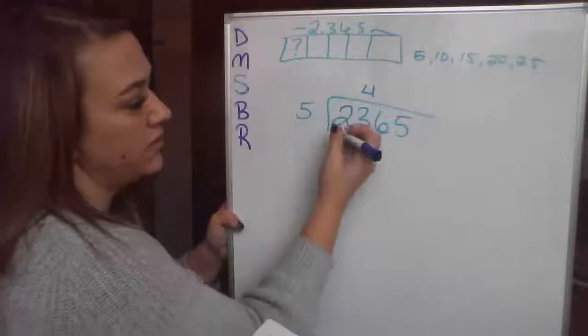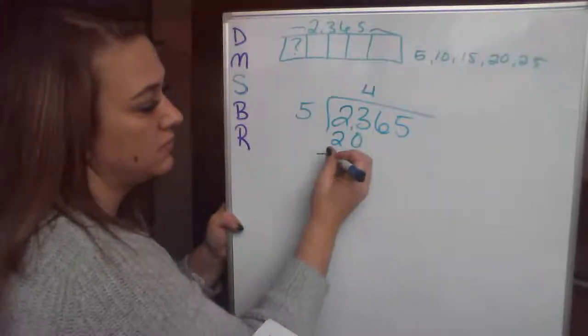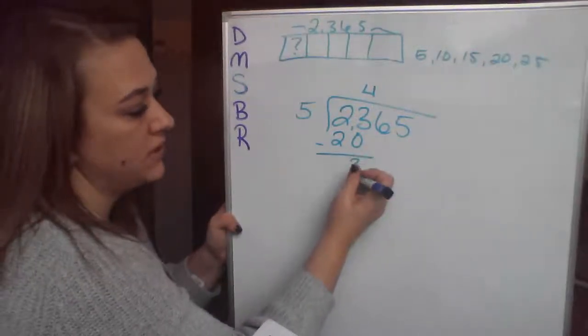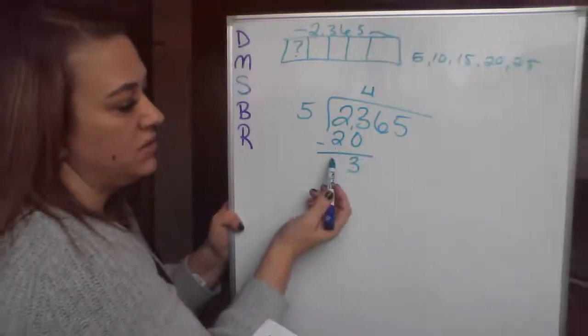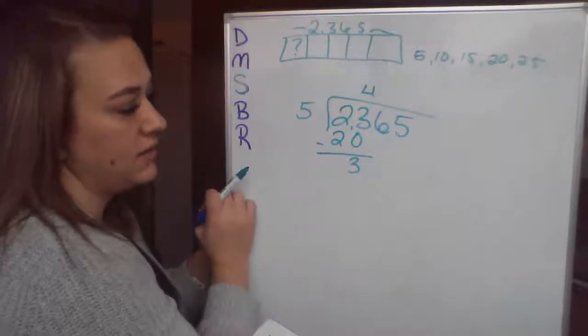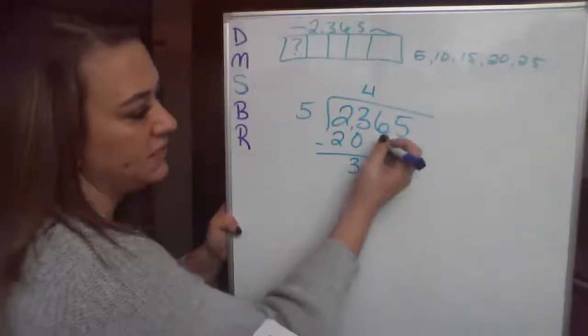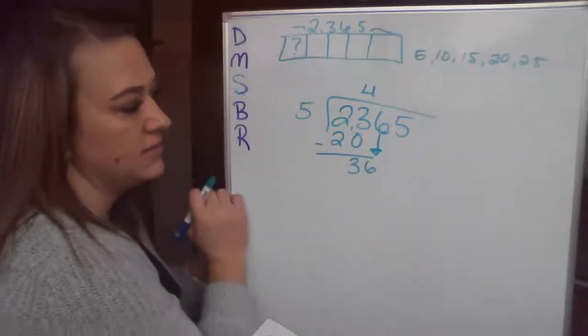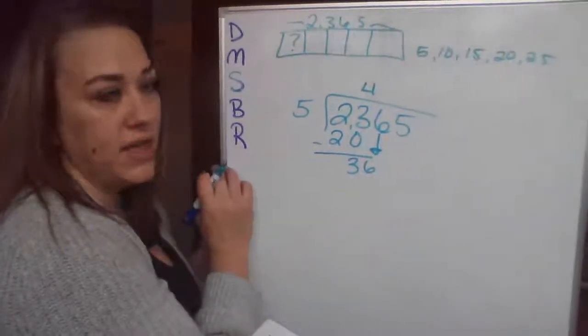So 5 times 4 gives me 20. I subtract. 3 minus 0 is 3. 2 minus 2 is 0. And I like to just leave it blank because then when I bring my 6 down, I can easily see 36. Okay.